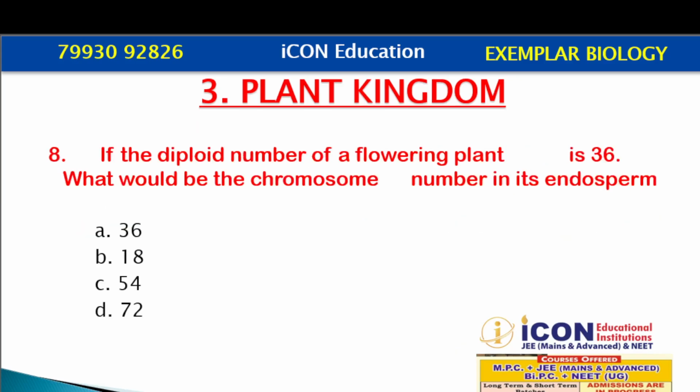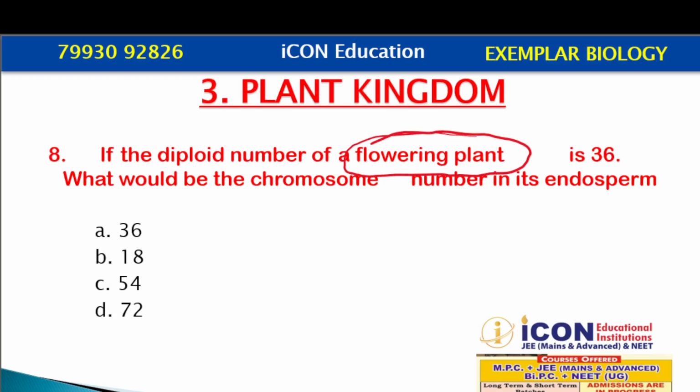Question number 8. If the diploid number of a flowering plant is 36, what could be the chromosome number in its endosperm? The keyword in your question is flowering plant. When it is talking about flowering plant, then it is angiosperms.